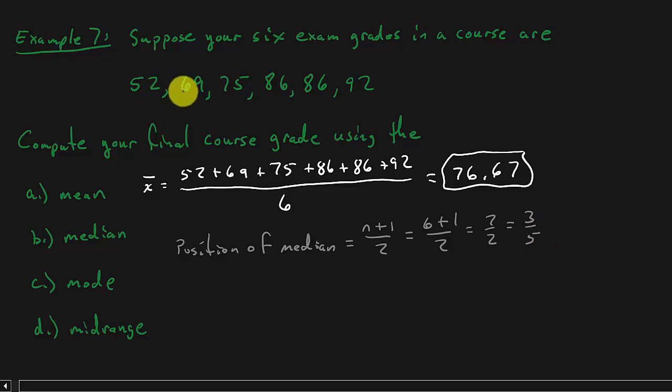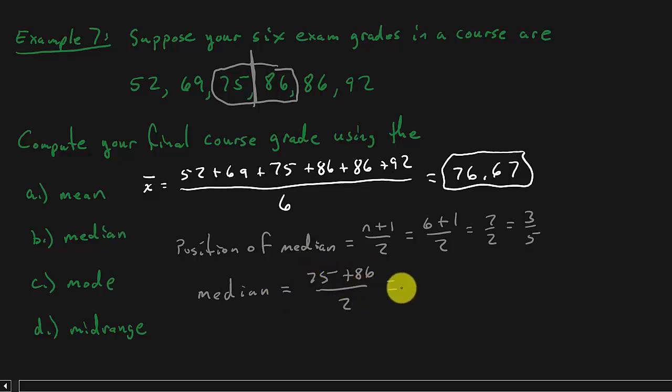And so 1, 2, 3.5. So it's the average of those two. So the median is equal to 75 plus 86 over 2. And if we put that into our calculator, that is going to give us an 80.5 average.